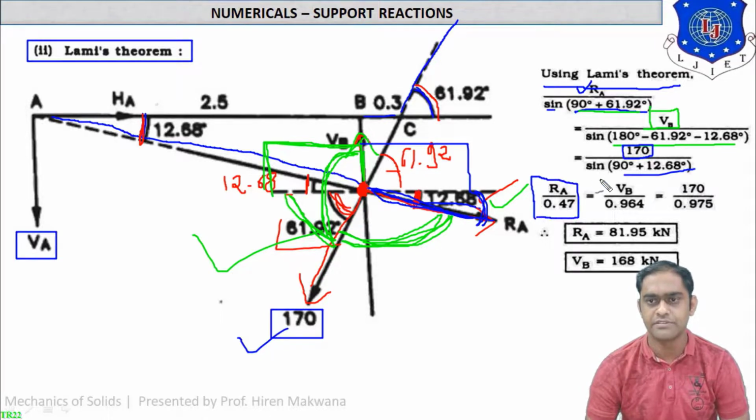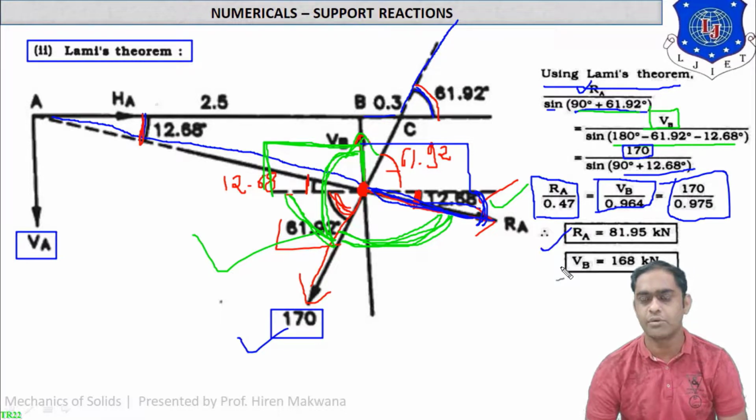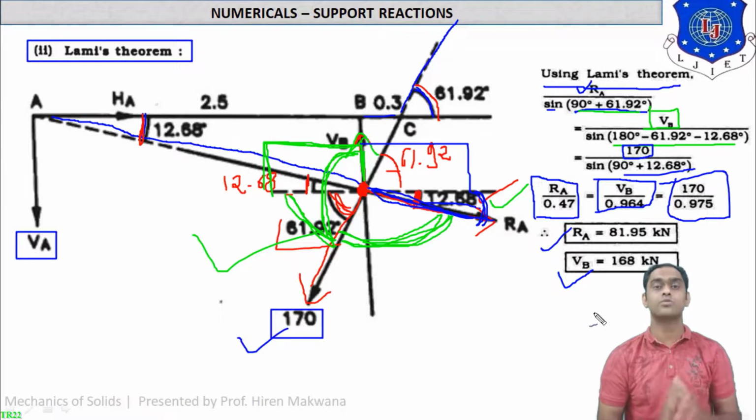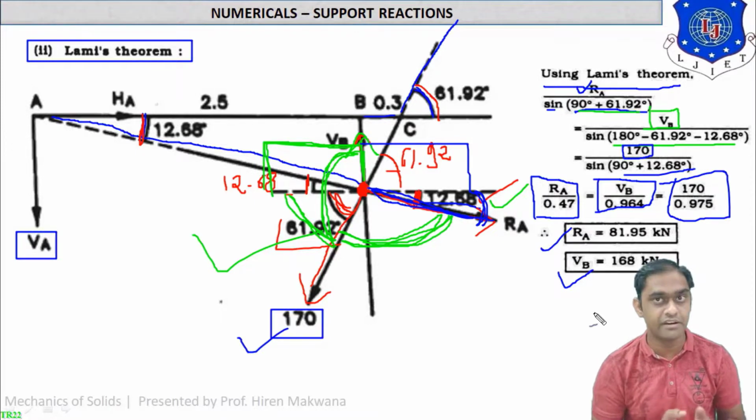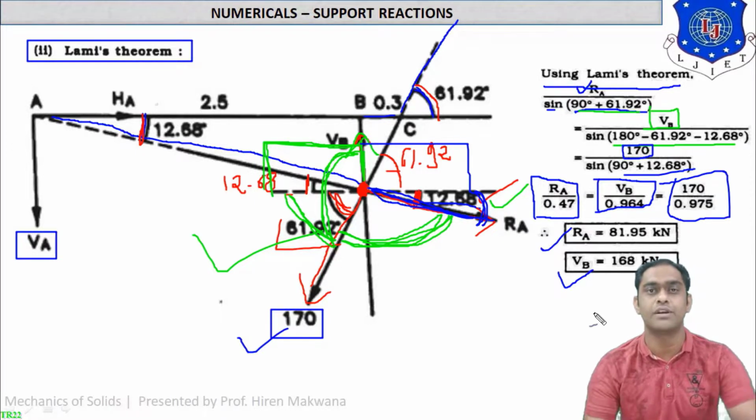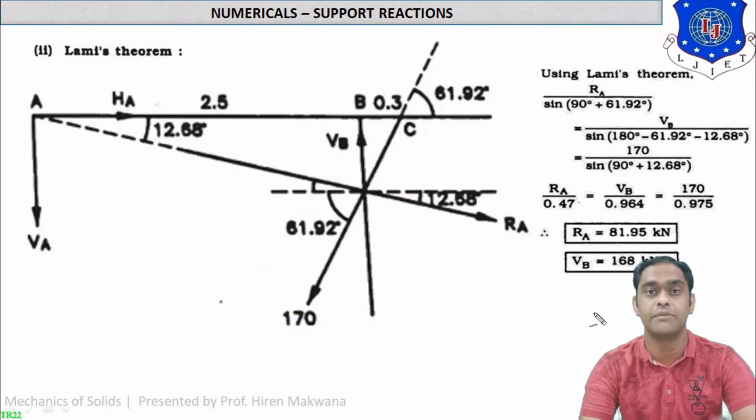RA upon 0.47 is equal to VB upon 0.964 is equal to 170 upon 0.975. So by simplification you will get RA equal to 81.95 kilonewton and VB equal to 168 kilonewton. Now these two reactions must be equal to the earlier RA and earlier VB, which we have calculated with the help of the equilibrium method.